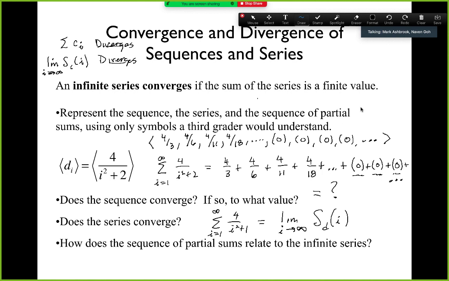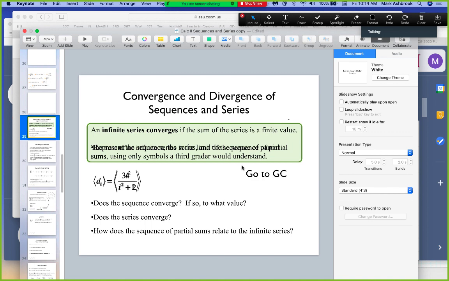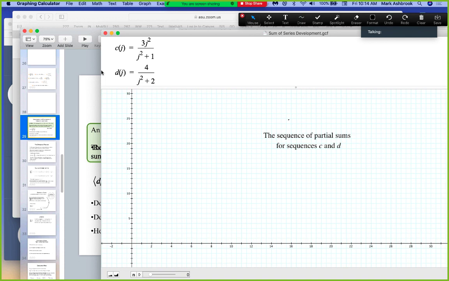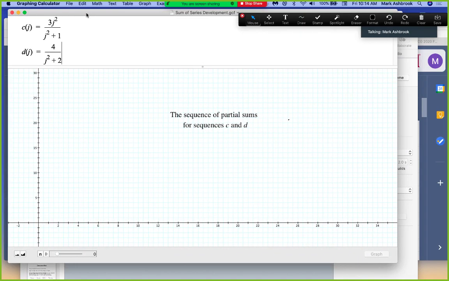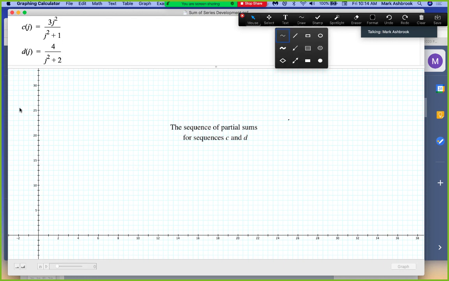So let's take a look at that. Okay, so here are those two sequences, using J instead of I. Here on the y-axis is going to be the value of the partial sums.